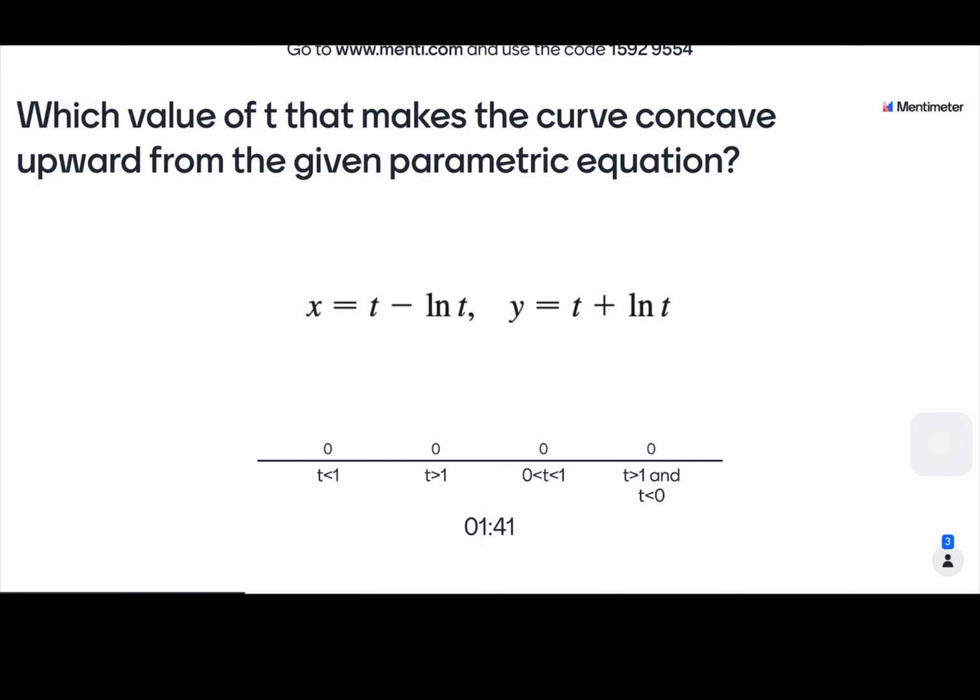Around 1 minute 40 seconds. Five seconds.